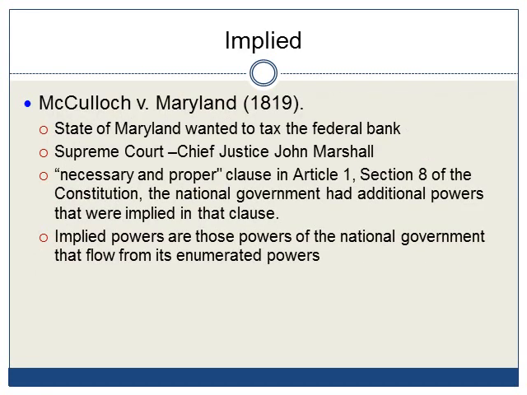Implied powers. In 1819, McCulloch versus Maryland, a very famous case. The National Bank was located in the state of Maryland, and Maryland needed revenue, so they decided they wanted to tax the federal bank. The Supreme Court Justice at the time was Chief Justice John Marshall.